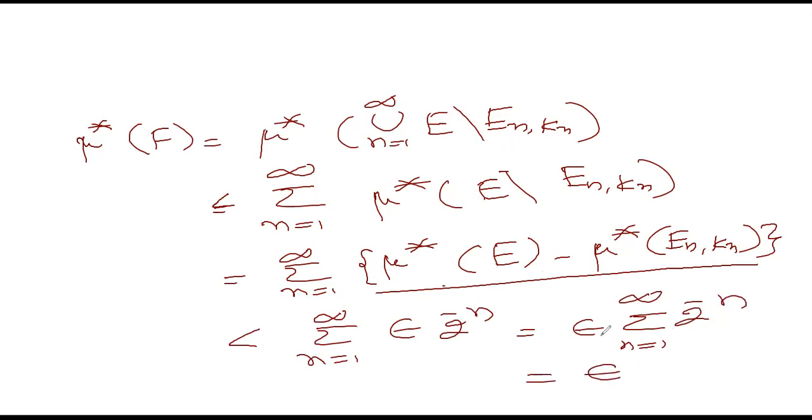Thus μ*(F) is less than epsilon. Now we show that on E minus F, fn uniformly converges to f.